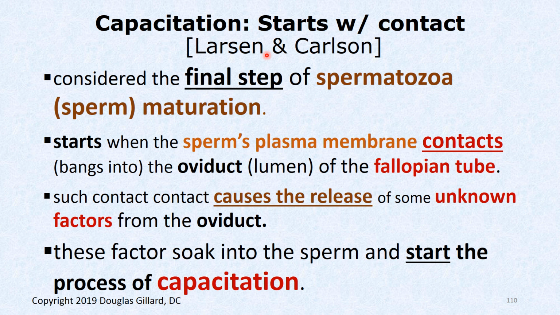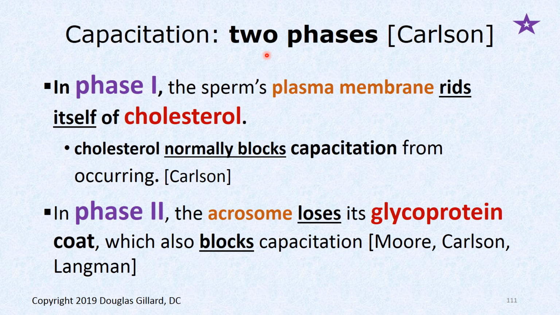But these gene products are released, and it soaks into the sperm and makes the sperm do some crazy stuff. And that's the process of capacitation. So what exactly is capacitation?